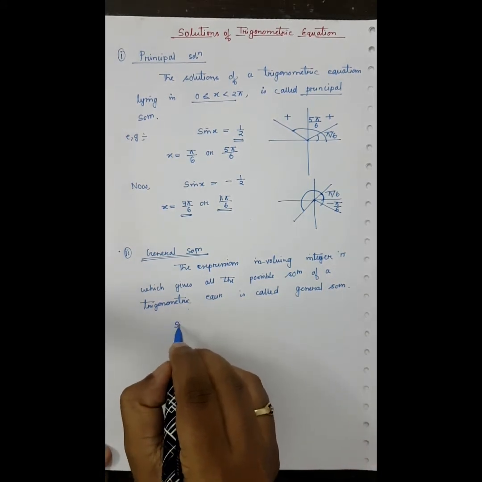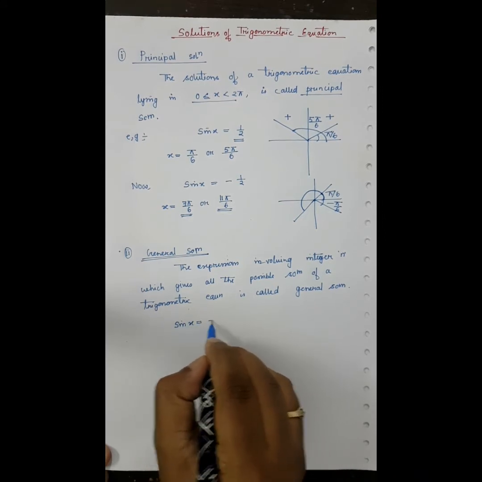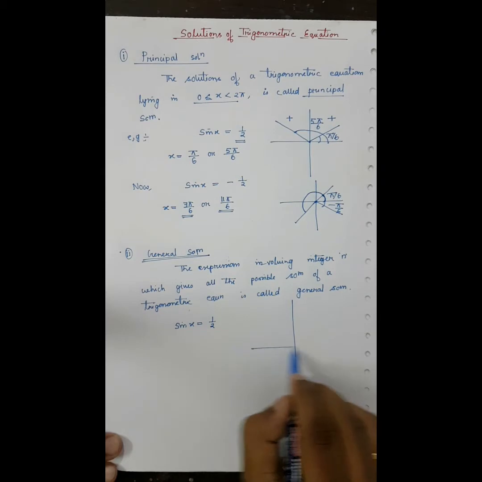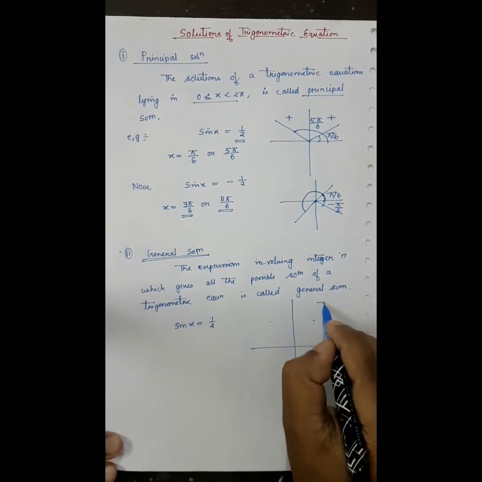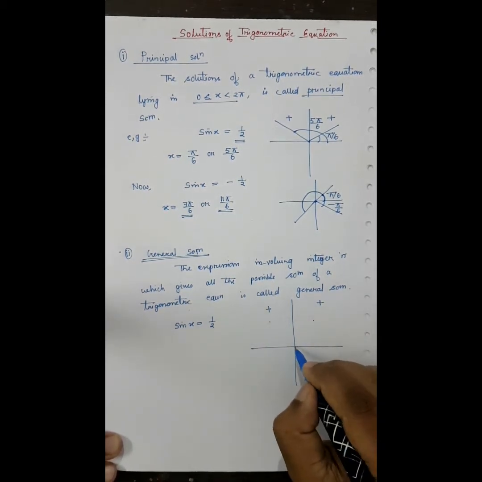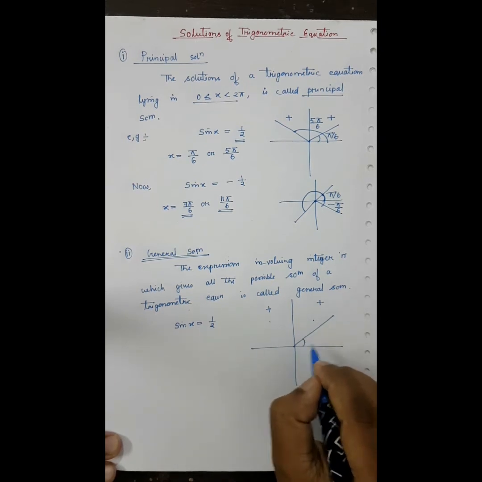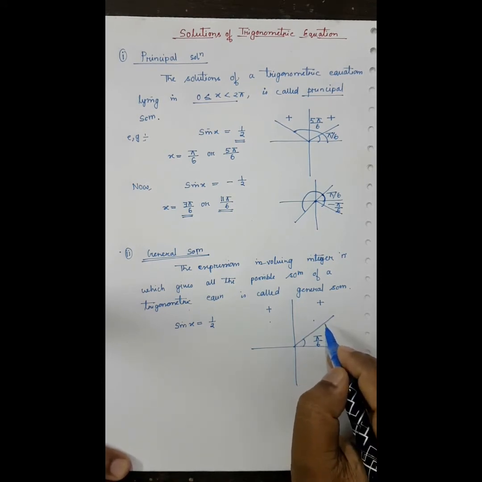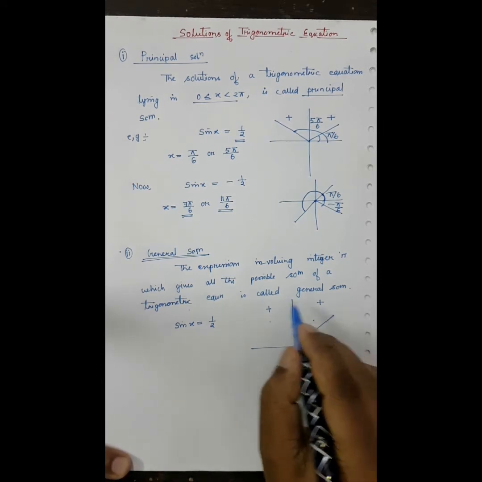Now, for example, if you are given sin of x is equal to half, we know that sine theta is positive in first and second quadrant. So when the angle is equivalent to pi by 6, the value of sine x is half. We know that sine theta repeats itself after every twice pi radian.